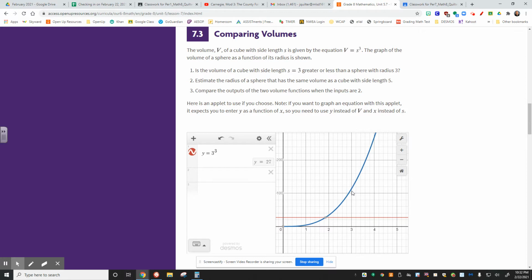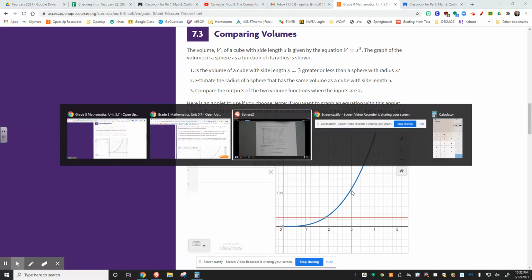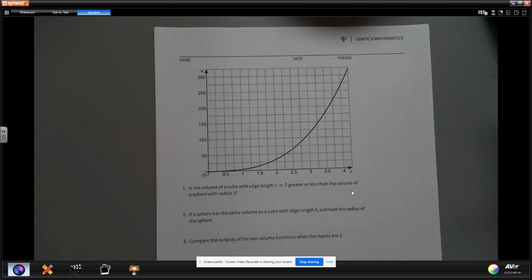In this case, what I want to write on here is we want to come up with something that says, possibly, less.